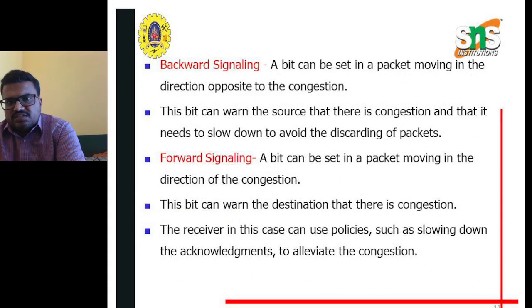Backward and forward signaling: once we identify any errors in the transmission, we can check the backward and forward process, so that we can check the data's originality and the quality of service of the particular data.